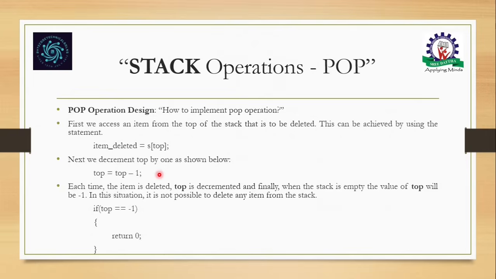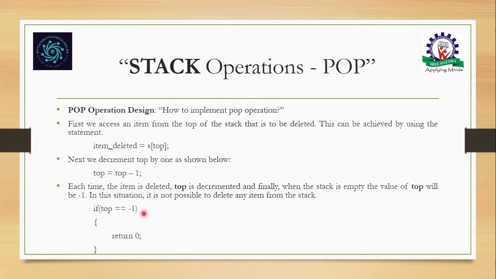There occurs a situation where top will be marking at -1 and we don't have any elements to be deleted. The situation when we try to delete an item when top is marked at -1 is called stack underflow. We need to display an error message for this, and we can represent this using the if condition that I have written here.